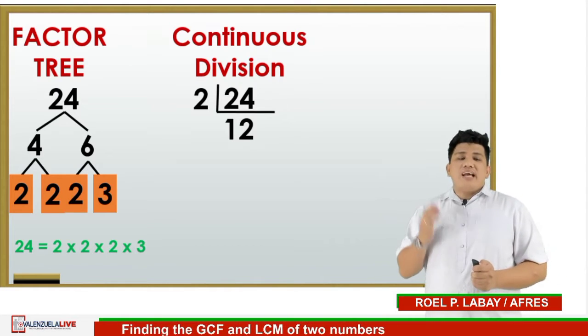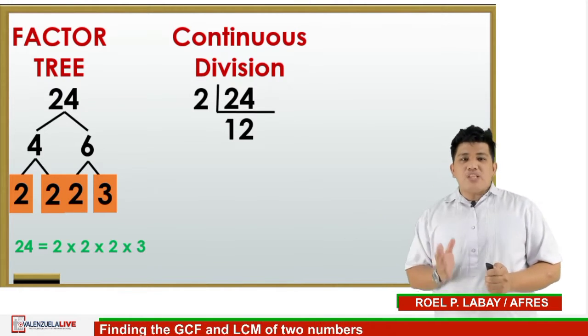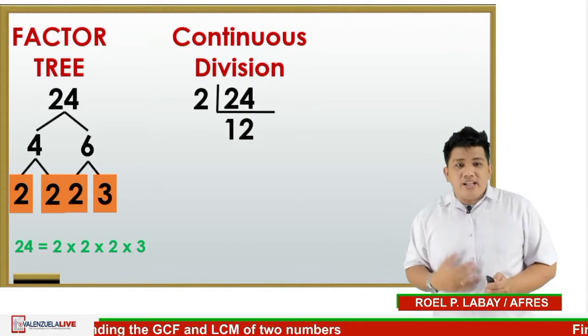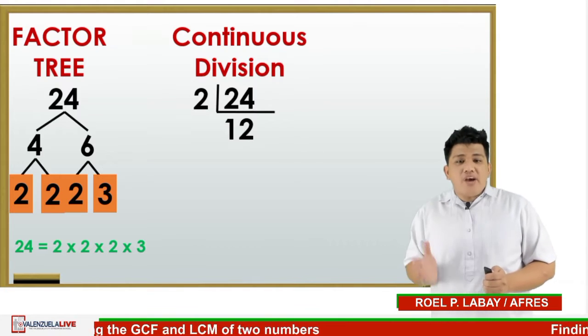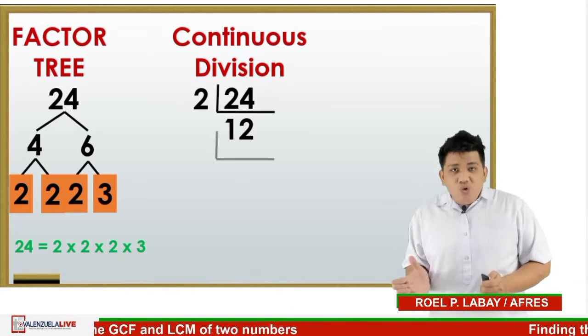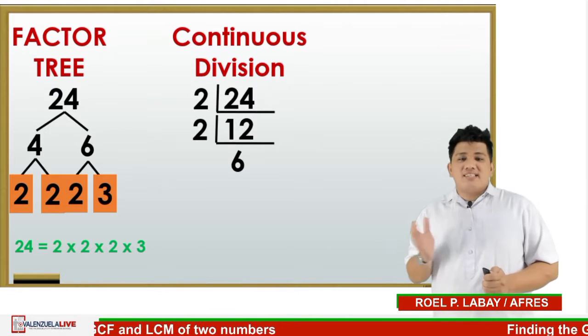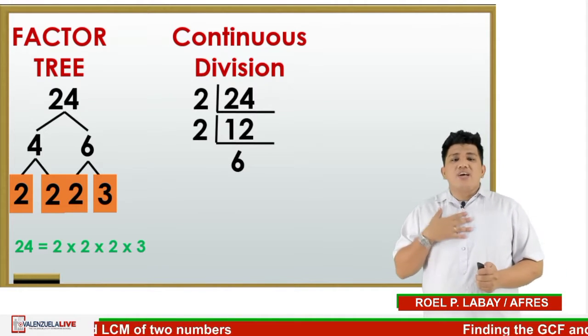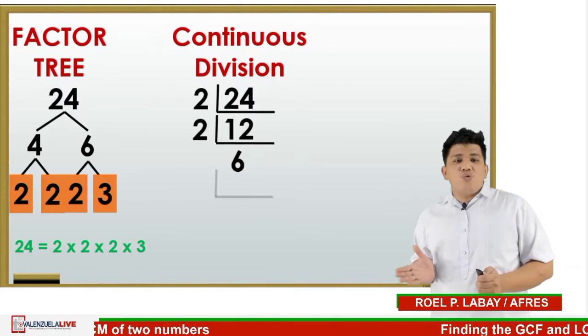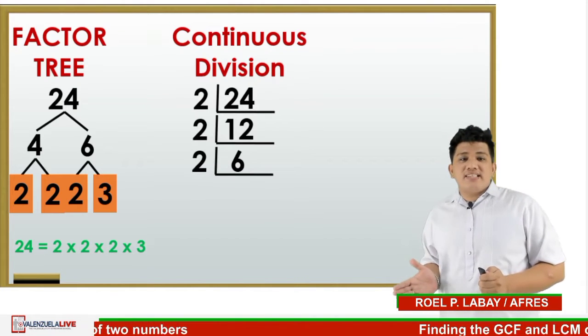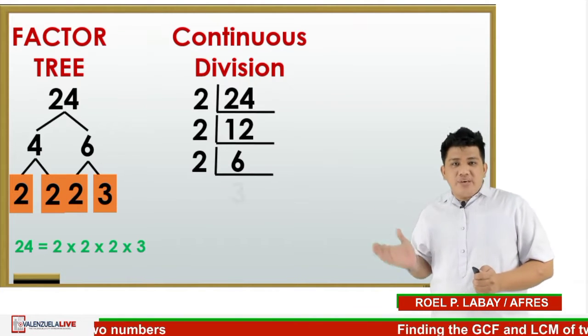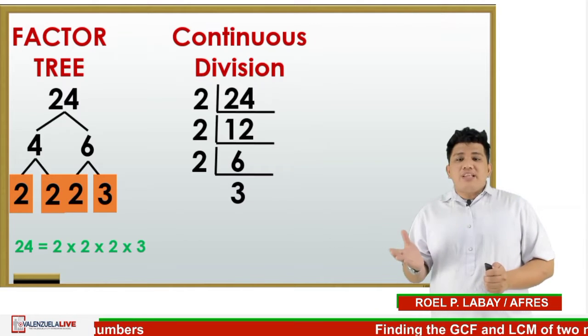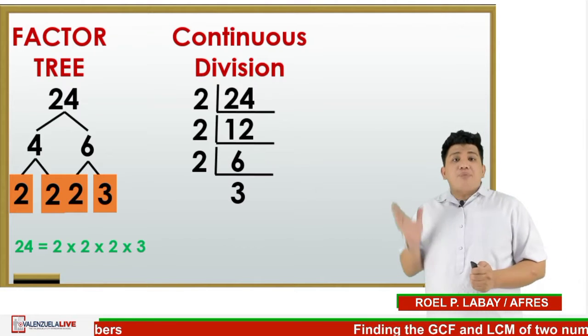Again, let's think of a prime number that we can divide to 12. We can divide 12 by 2. And the answer is 6. 6 still has a prime factor, so let's divide 6 by 2. And the quotient is 3. 3 can be divided by 3, which is a prime number.